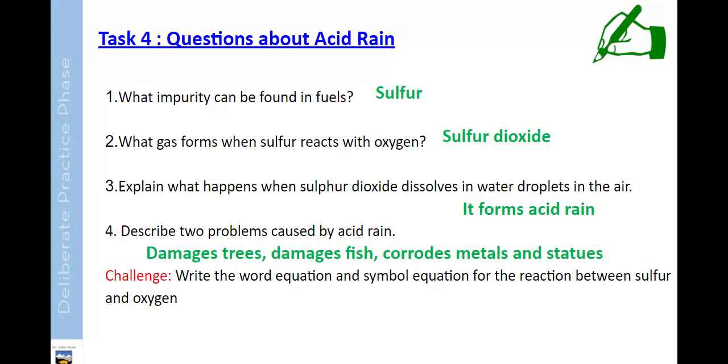And then finally, the challenge, if you could write the word equation and the symbol equation for the reaction between sulfur and oxygen. Well done if you managed to do the word equation, and the symbol equation should be S plus O2 goes to make SO2.